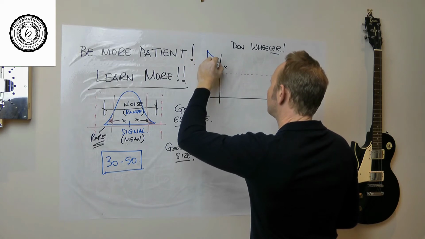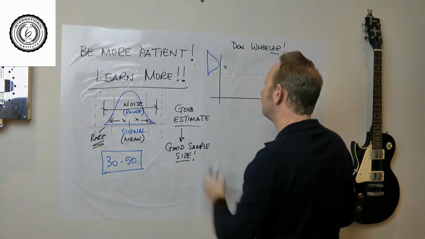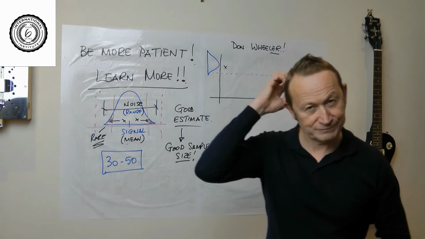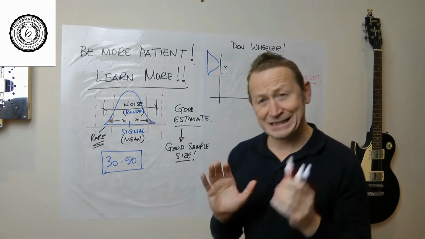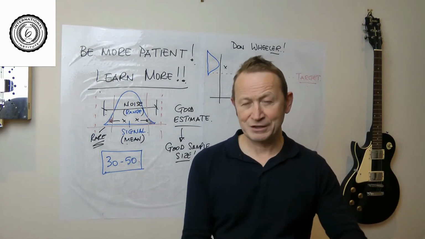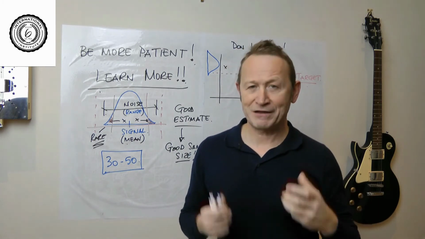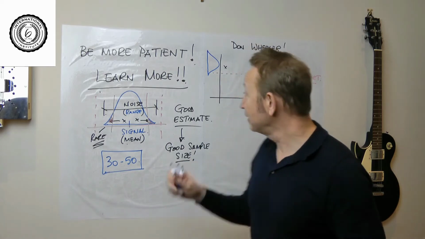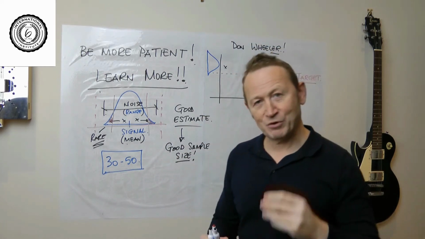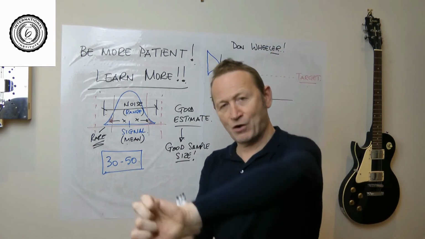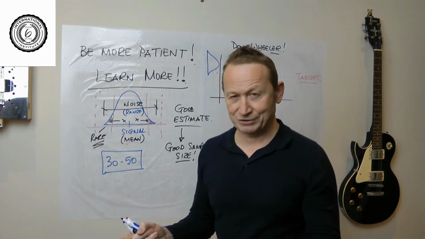He's taken one sample from the blue distribution. Now he needs to see the blue distribution in order that he can make an intelligent choice about whether to adjust, okay? But once he's got one data point, he will have a tendency to go and swing on it, all right?